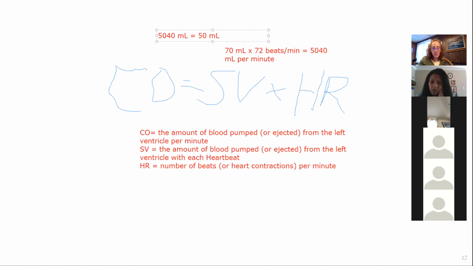The only thing that our body can do at that moment is increase the heart rate to keep this the same. So this would be HR. How do we solve for HR? Take this number, 5,040, and divide it by 50. That tells us what her heart rate would be with a stroke volume of 50 milliliters.